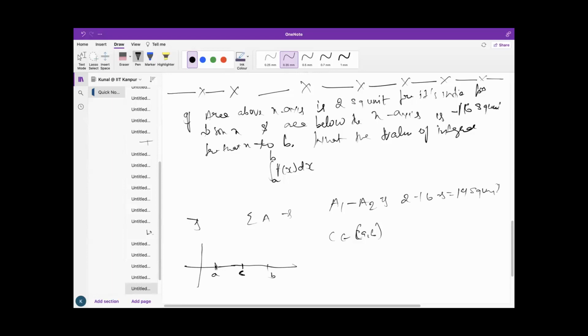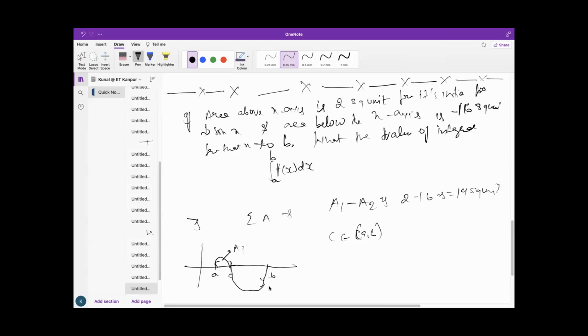It is a little bit interesting here. The area above the x-axis is very low, right? So our C must be somewhere near it, and this graph will be like this. And the area below the x-axis is minus 16, so it forms a huge area below the x-axis, right?